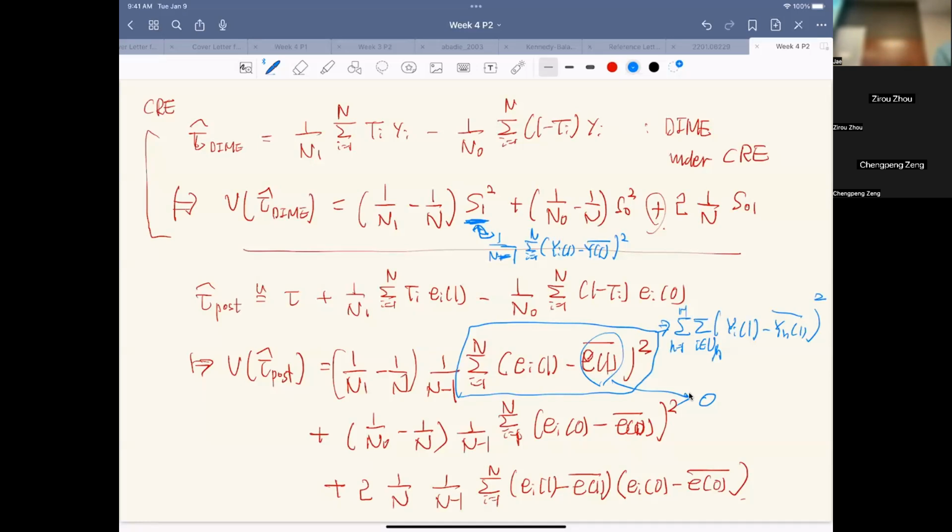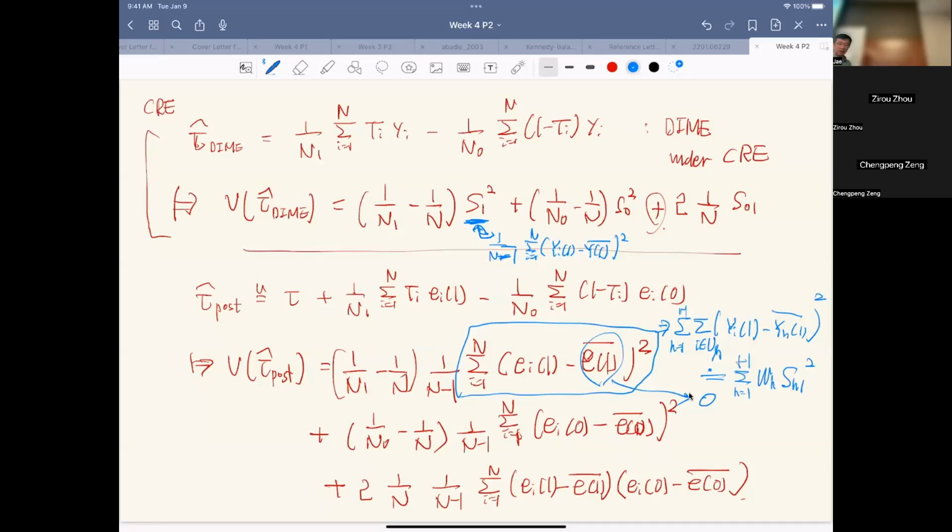So then you can write something like the sum over h of WH times SH1 squared, roughly. So basically, this is the within-stratum part, and the within can be written as something like this.